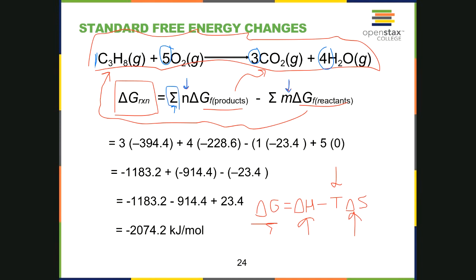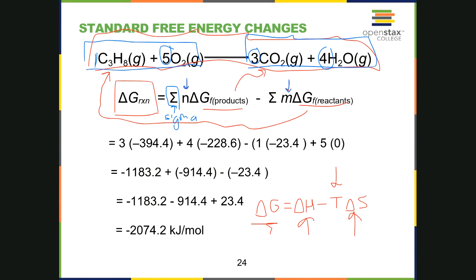That's a sigma, S-I-G-M-A, and that means you're going to sum it up. So you're going to take all of the free energies of formation for the products and add those up. And then you're going to take all of the free energies of formation for the reactants and add those up.